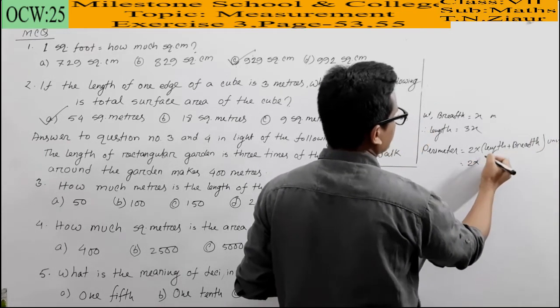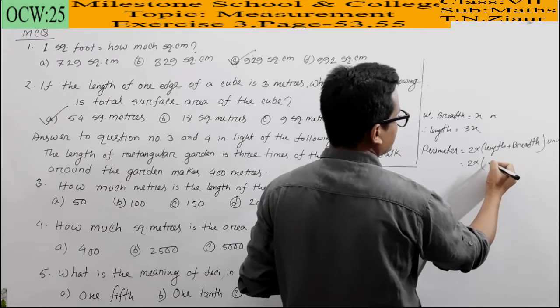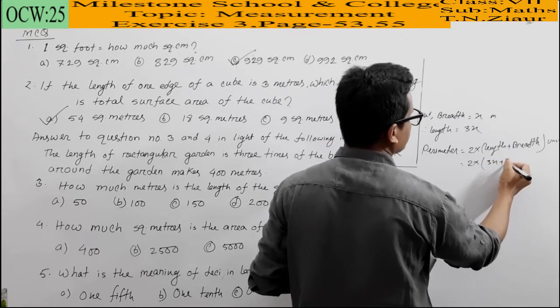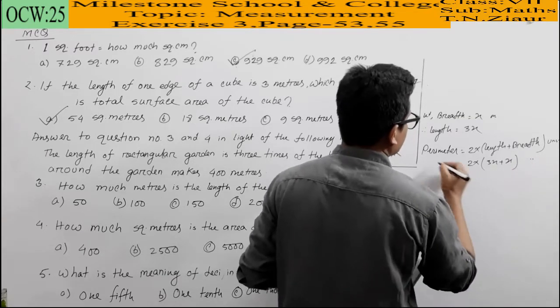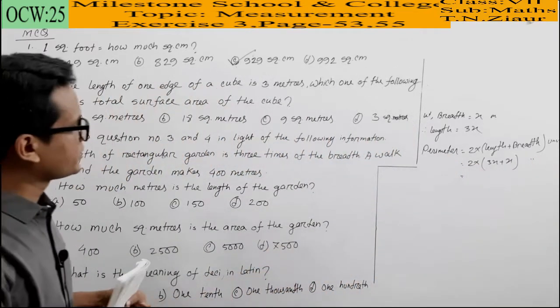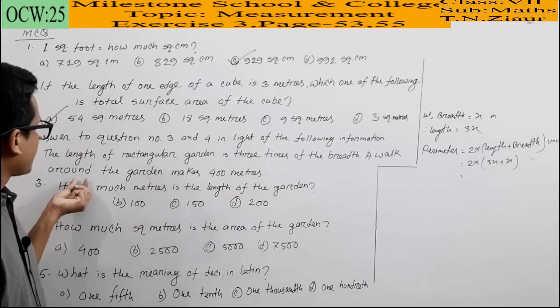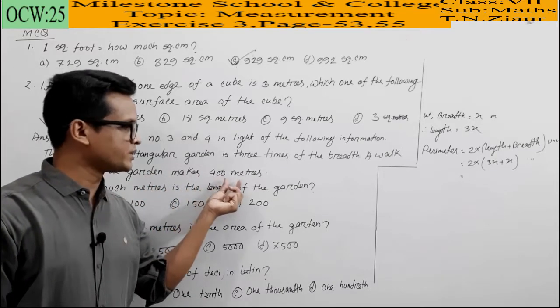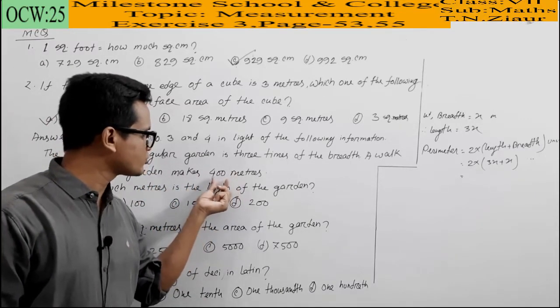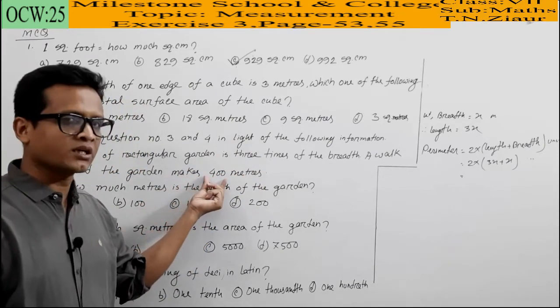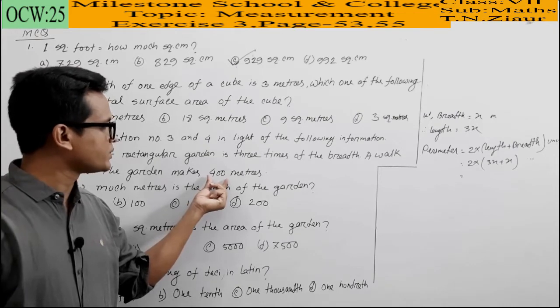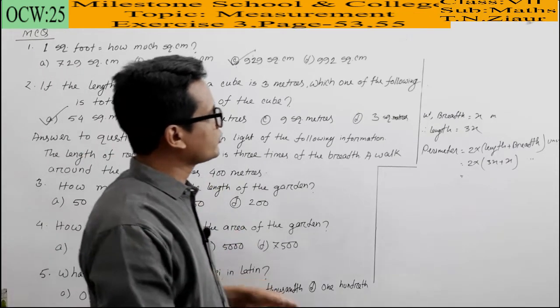So 2 into length plus breadth, where length is 3x and breadth is x. So what is the perimeter? A walk around the garden makes 400 meters. So this is the perimeter. When you walk around this garden, that is called perimeter. So the perimeter here is 400.